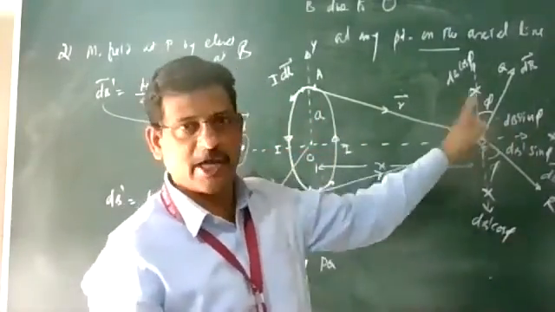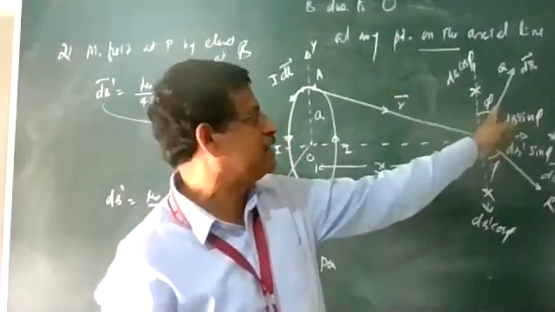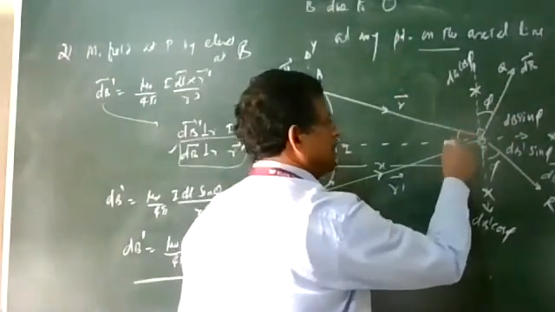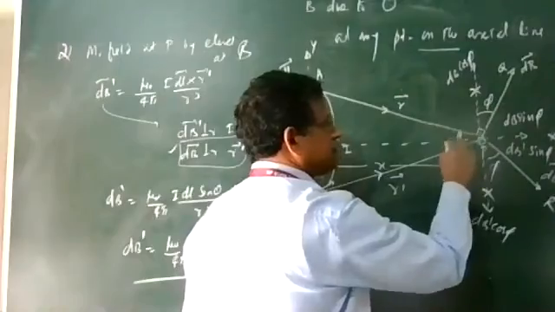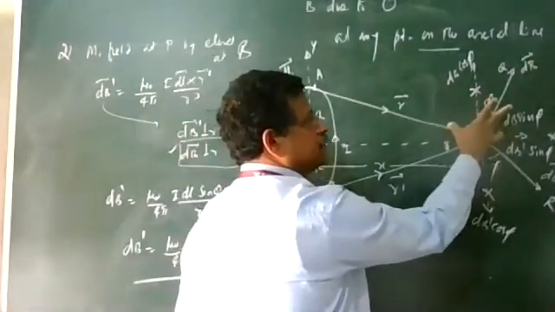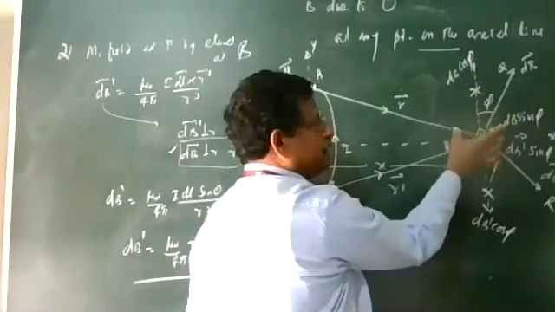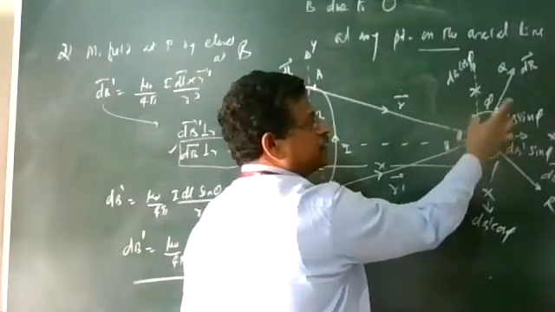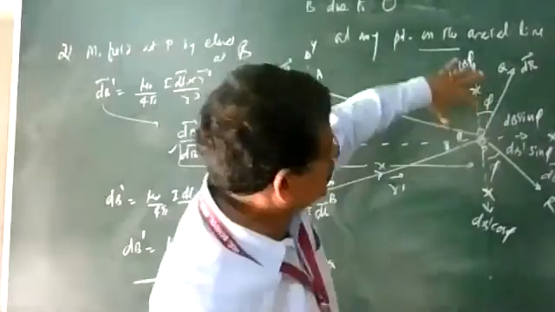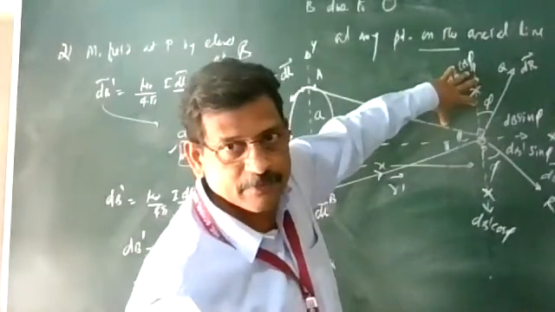And one more thing remains in the diagram. If this angle is phi, we want to mark what about these two angles. This angle is phi, and this is totally 90 degrees. A 90-degree angle. This is phi. This is 90 minus phi. So this angle is 90 minus phi.